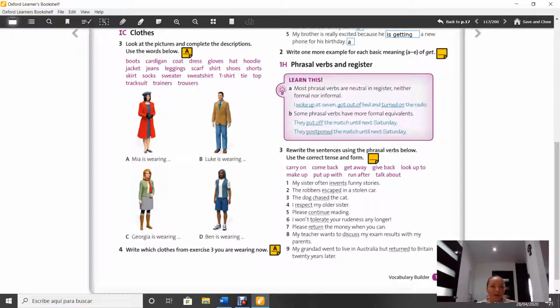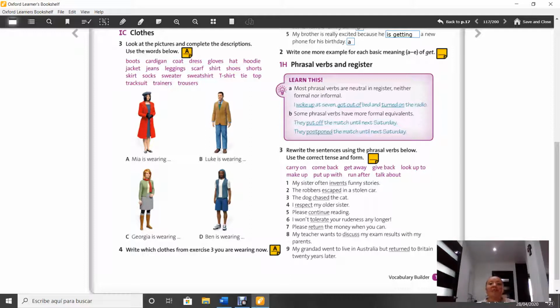These phrasal verbs are neutral, no son ni formales ni informales, okay? Some phrasal verbs have more formal equivalents, like put off the match until next Saturday or postpone the match until next Saturday, okay? We have the verb and we have the phrasal verb here that means the same. Now you have to rewrite the sentences using the phrasal verbs below and you have to use the correct tense and form, okay?